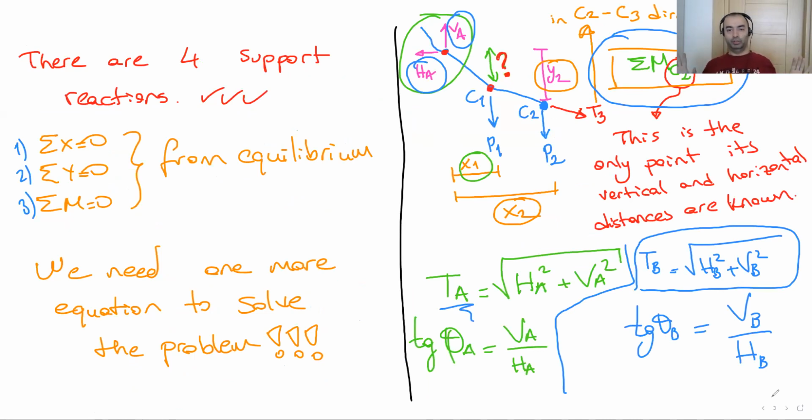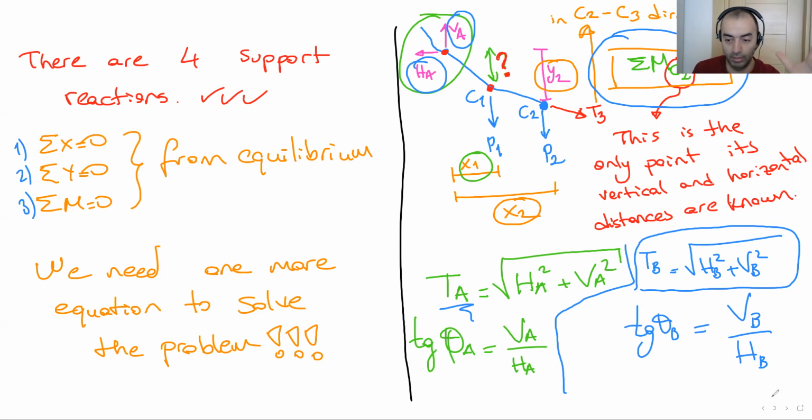So at the end of the day, these type of problems, that means cables under the point load, we have four support reactions and three equilibrium equations. That means we need one more equation. So where can we find it? We are gonna take a look at the system.